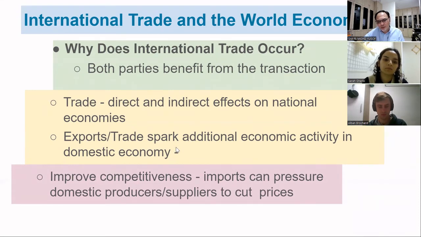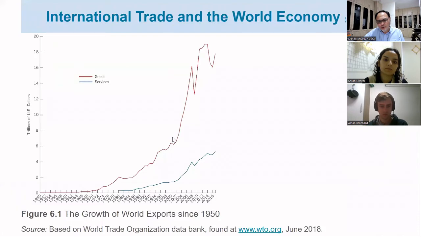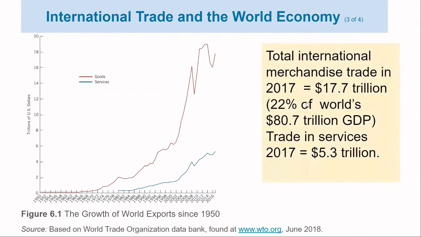Okay, this is just some statistics of international merchandise trade in 2017, 70.7 million, and in terms of services 5.3. Basically, what it's saying is that there's a huge amount of international trade going on in terms of goods and services all over the world.